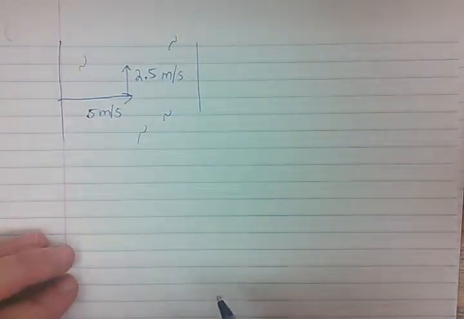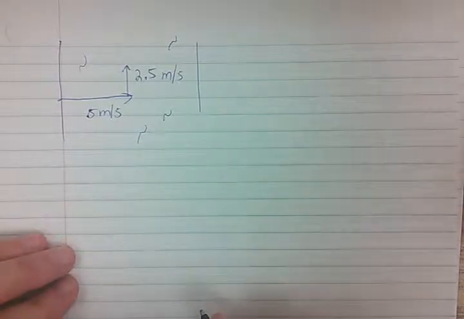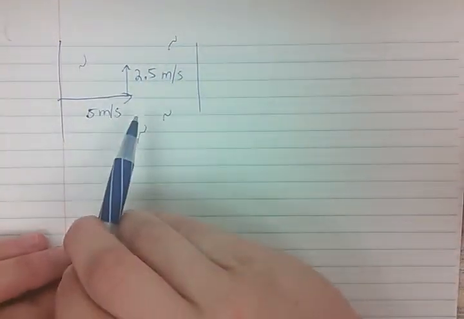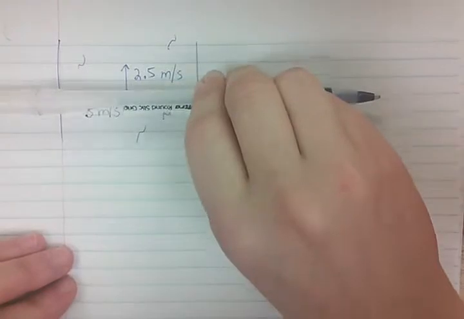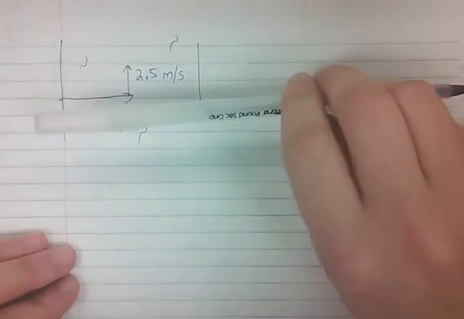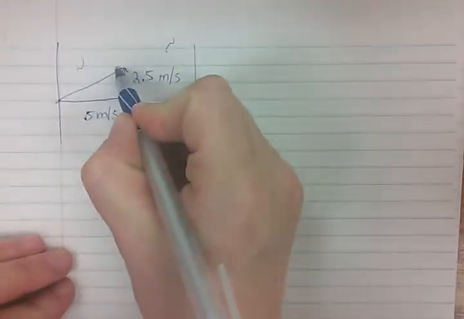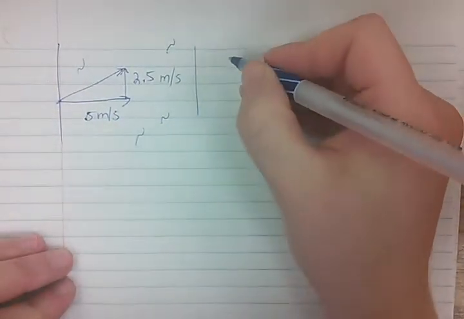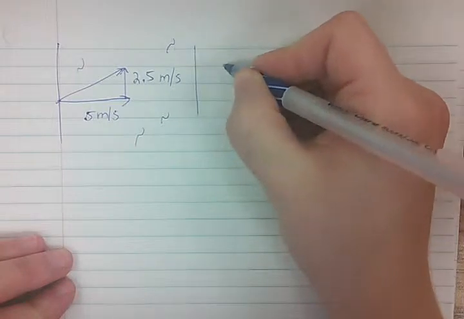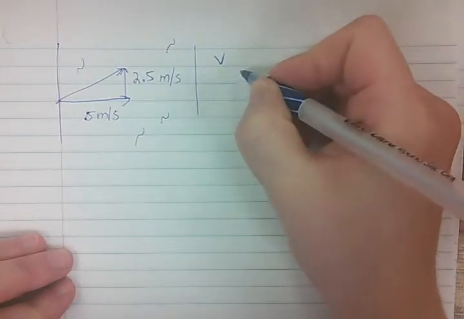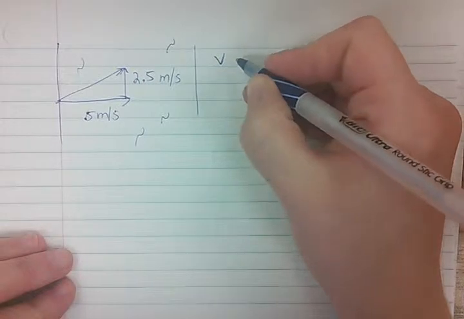The first part of the problem asks, what is the resultant velocity? So basically what's going to happen is the velocity is not going to be 5. This 2.5 meters per second is going to make it so that the velocity is actually that way. So it'll push it further downstream. That will affect both the magnitude and the angle. This line here will be the magnitude. So the magnitude, and we're going to use notation here that might be confusing at first.